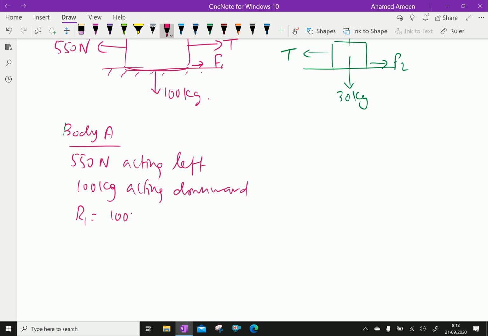Mass is 100, times 9.81, which equals 981 Newton.